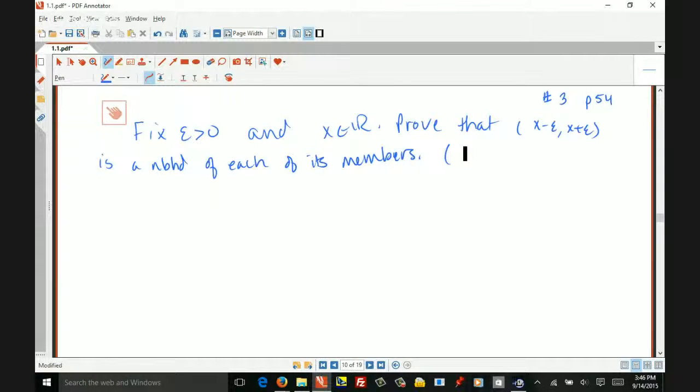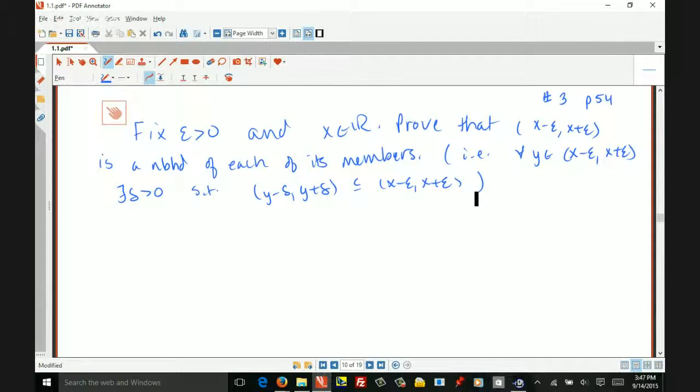In other words, for all y in x minus epsilon to x plus epsilon, there exists a delta greater than 0 such that y minus delta to y plus delta is a subset of x minus epsilon to x plus epsilon. That's what we're trying to prove. So the proof is actually quite a bit shorter.